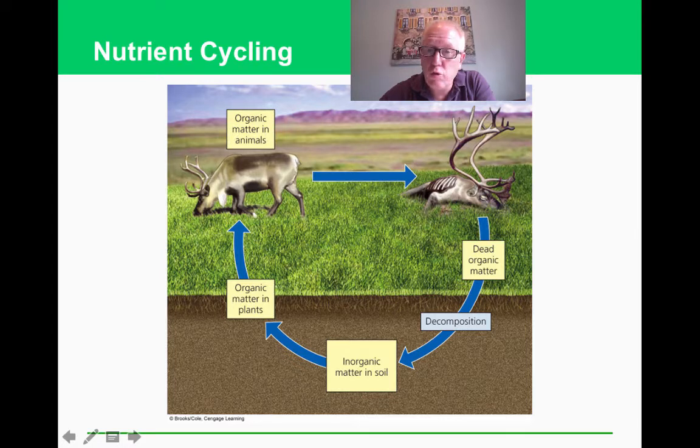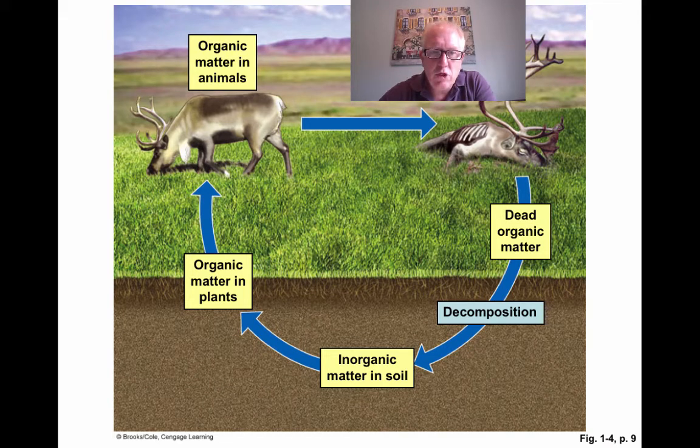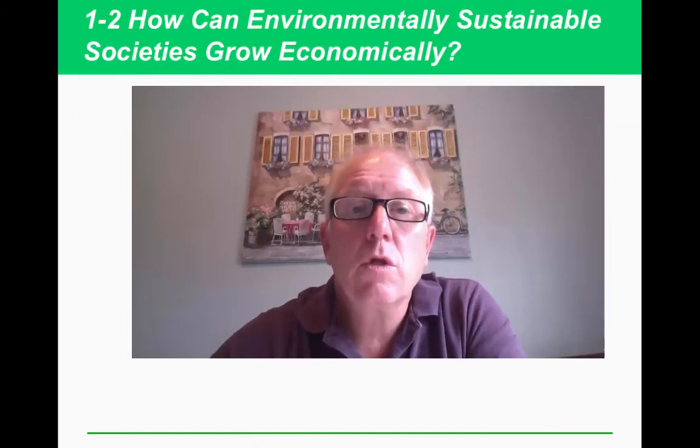This is called a closed loop. Everything in here benefits the next stage in the loop, and the cycle gets to continue pretty sustainably if you don't monkey with it too much. So there's the idea of nutrient cycling, one of the principles of sustainability.